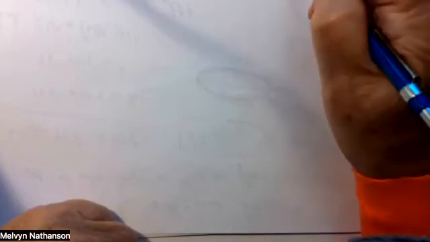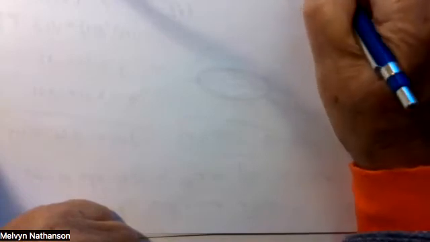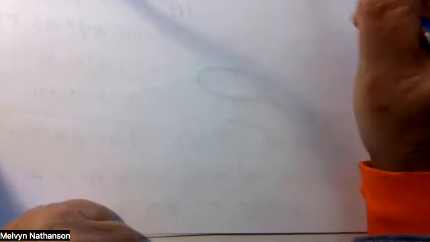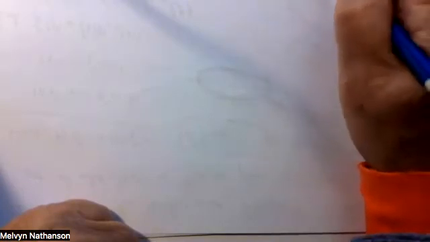So say this is x equals a. So this point would be a comma f of a. So it's a line through this point on the curve. And the slope of the line, which is all you need to understand the line, a point on the line plus the slope, is the derivative of the function at a.